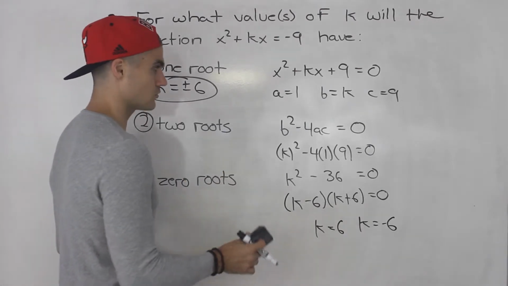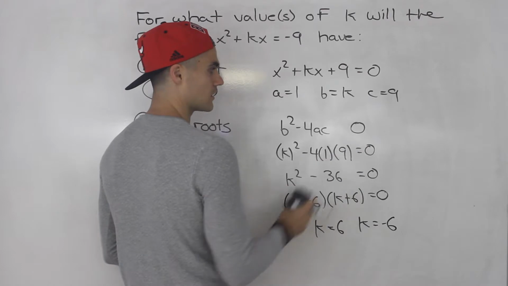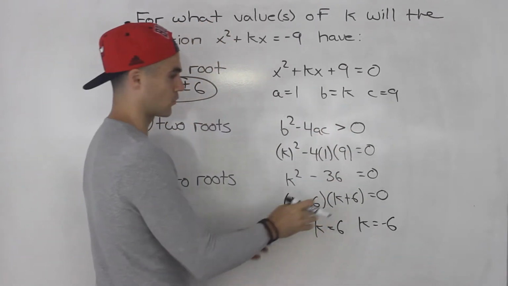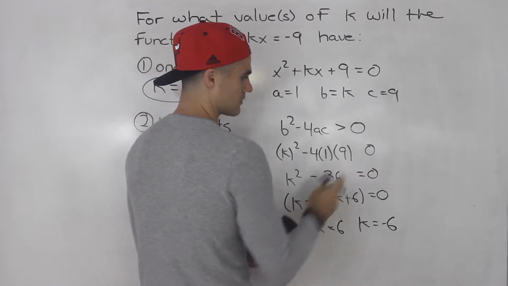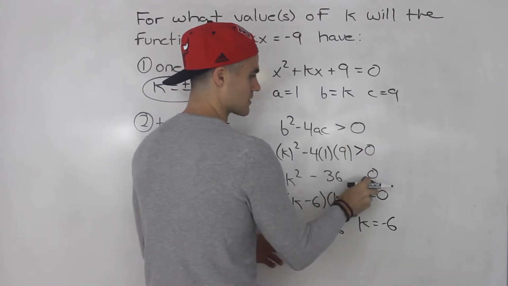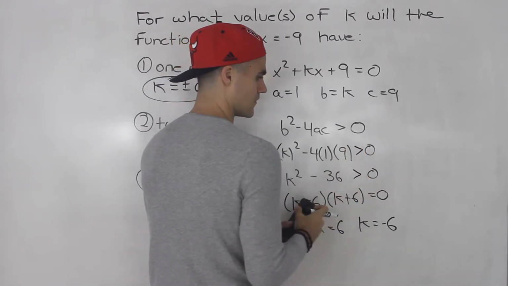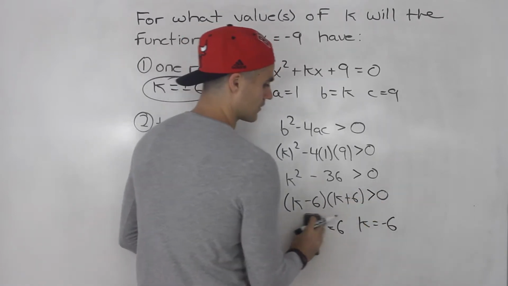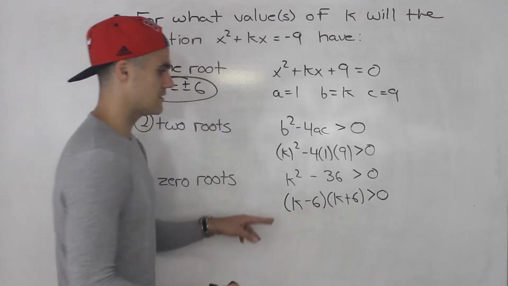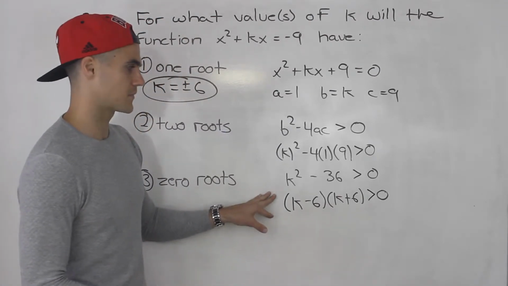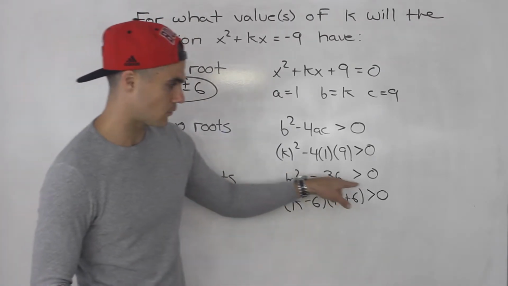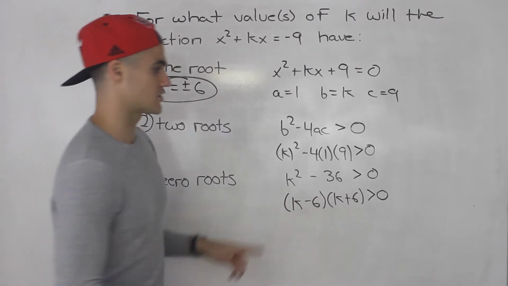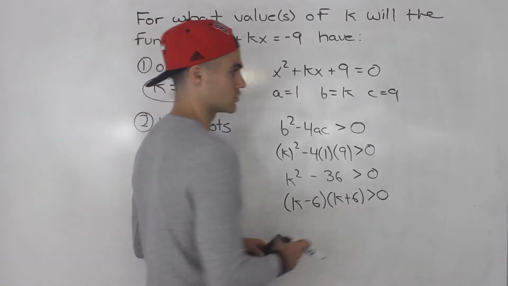What if there's 2 roots? Well, if there's 2 roots, we know that the discriminant has to be greater than 0. So we could just keep all of our work here and just change this to greater than 0. And that's actually another advantage of keeping everything on one side. Because if you remember, when it's greater than 0, this is a quadratic here. So I would actually recommend drawing this.